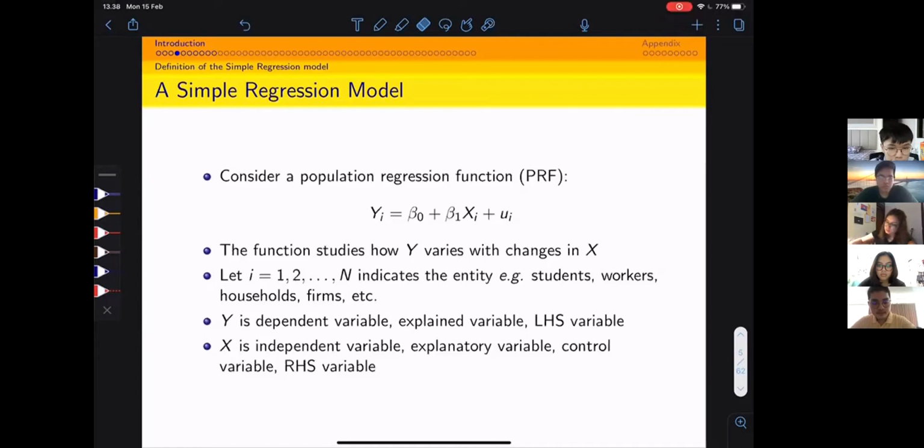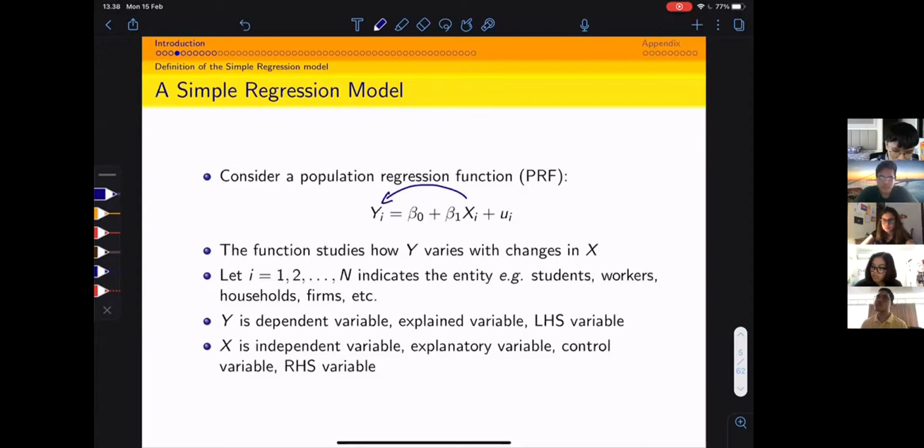So in general, when you write a function, you should start with a population regression function, okay? Before later on, we're going to use a sample to try to estimate the parameters of interest, okay? So what we're interested in this model is that we're trying to see how Y varies with changes in X, okay? So that's the main, the key feature of this model that we care about, okay?